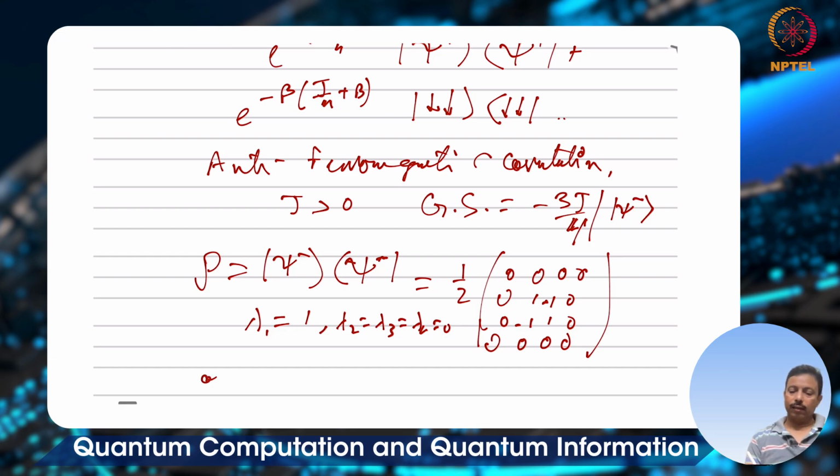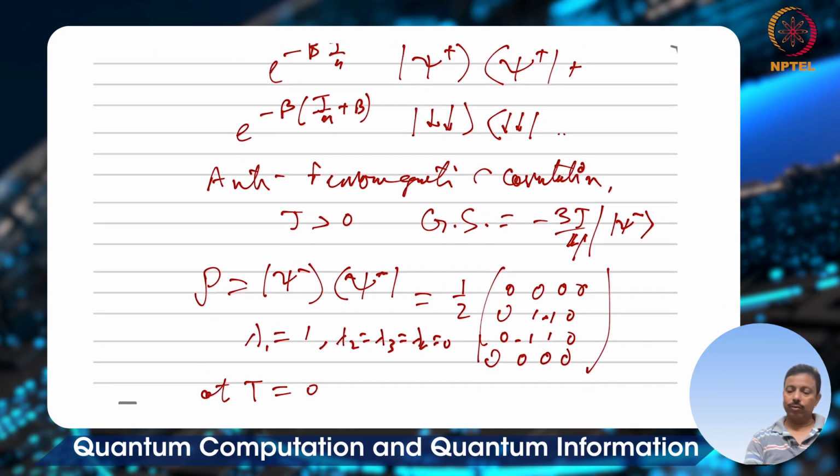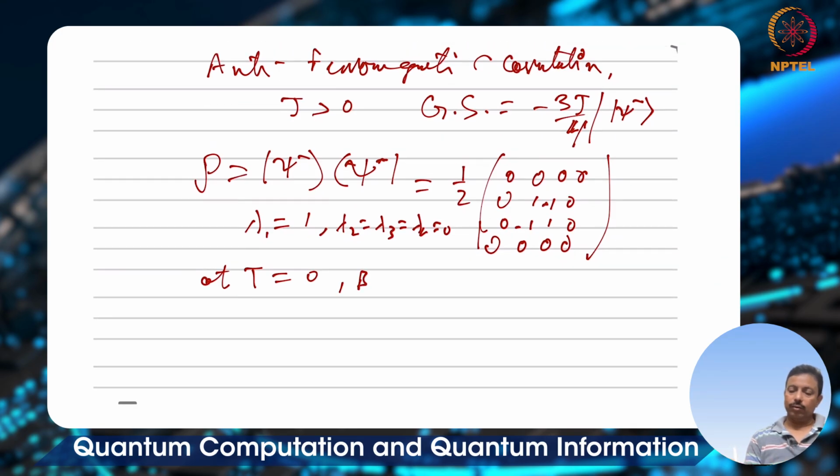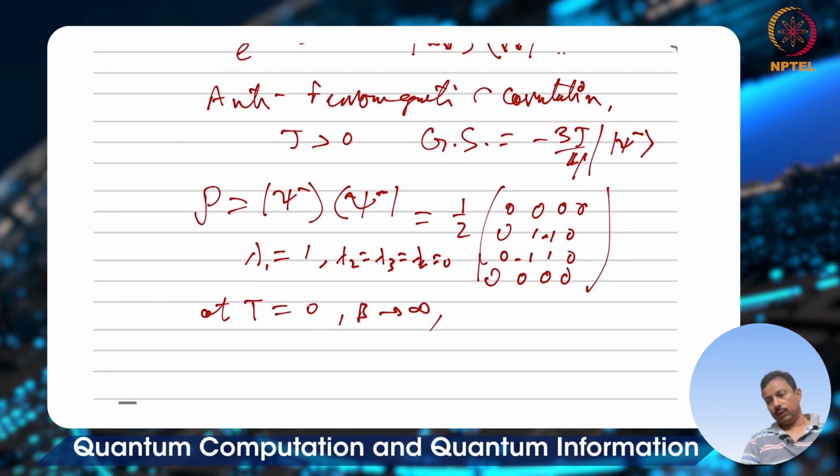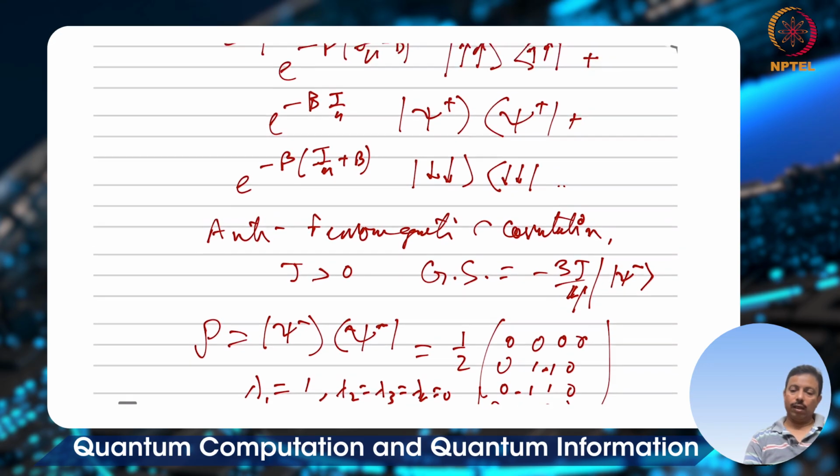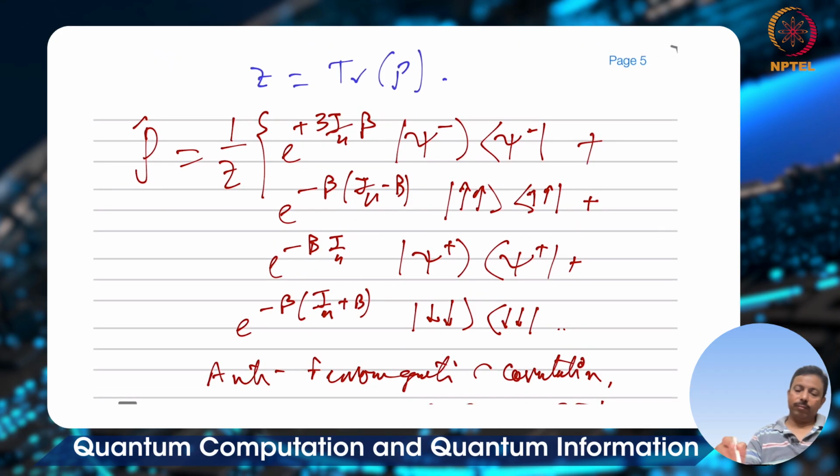So at T equal to 0, so basically when beta goes to infinity, this reduces to the ground state. Okay, just the ground state, because if you take beta J by 4 outside, and then you expand the other one, so then you put beta goes to infinity inside, so I have only psi minus left, so it's a pure state basically at 0 temperature.